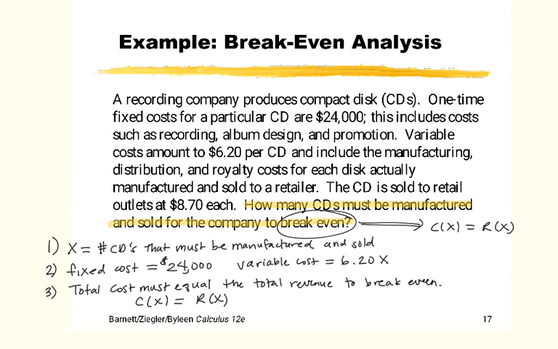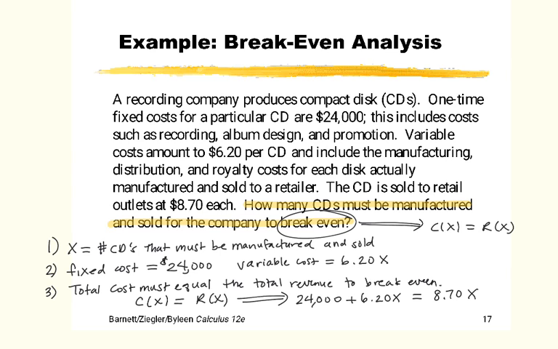Okay, and if the cost must equal the revenue, in order to determine the cost, I'll do it over here. We're going to look at the fixed cost, which is $24,000, plus the variable cost, which is $6.20 per CD. So $6.20 times x. And this has to equal the revenue, which we know is going to be $8.70 per CD.